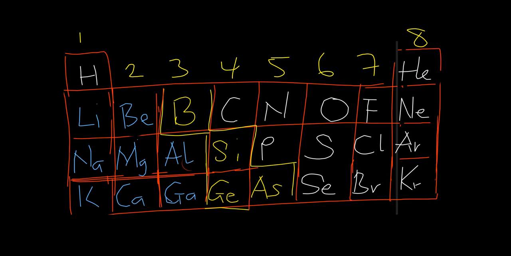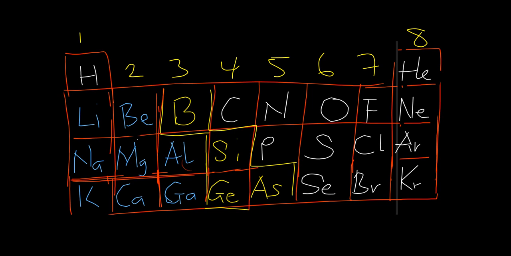So we have group 1 that contains elements such as hydrogen, lithium, sodium, potassium. You can have group 2, you have elements like beryllium, magnesium, calcium. Group 3, we have elements like boron, aluminium, gallium. You can even have elements in group 7, and here you have fluorine, chlorine, bromine.